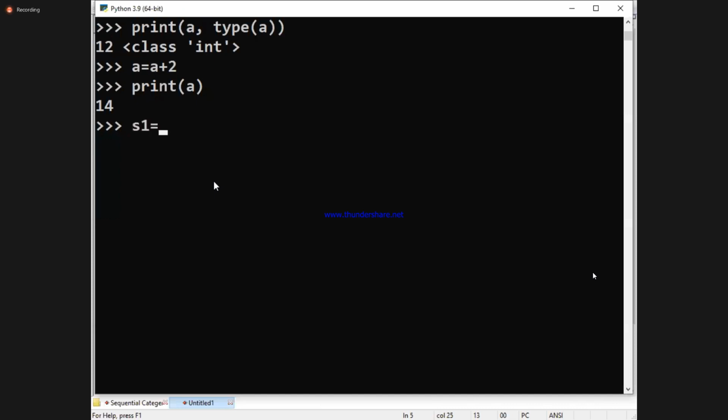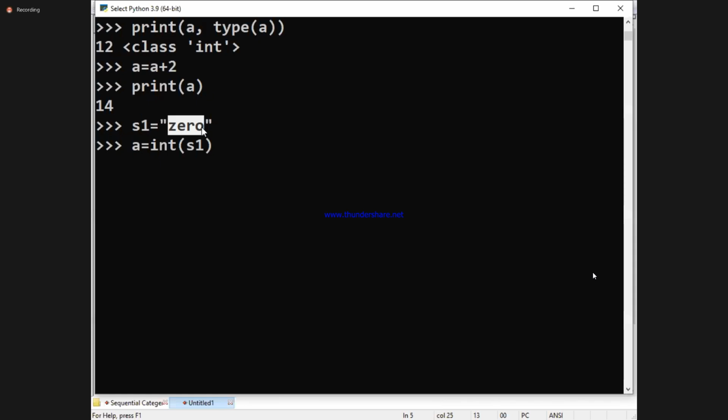Last and final question. S is equal to "zero". A is equal to int of S. Valid or invalid? First of all, think about it. Some brain has to work automatically. What is that? Z-E-R-O. It is called a pure string.